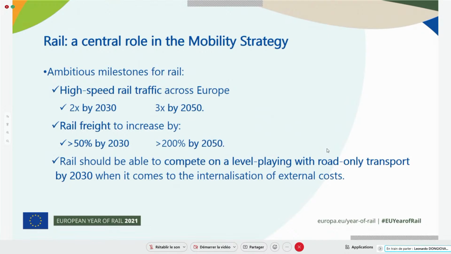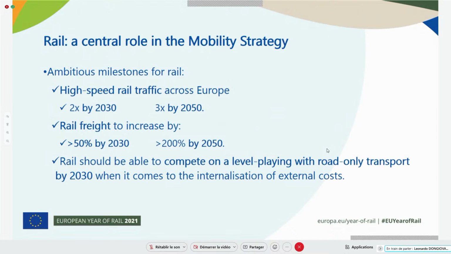So first of all, to double high-speed rail traffic by 2030 and triple it by 2050. Rail freight is also an important element, and I'm pleased that in the introduction, Gian Osvaldo mentioned the digital automatic coupling, which is one of the key areas where we are active. The objective for rail freight is to increase by 50% by 2030 and 200% by 2050.